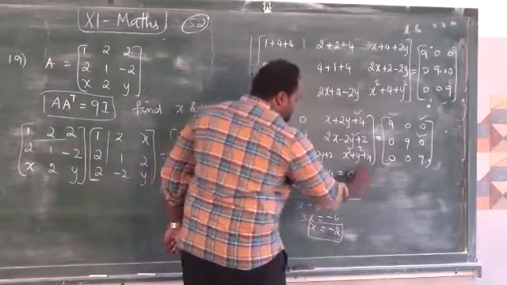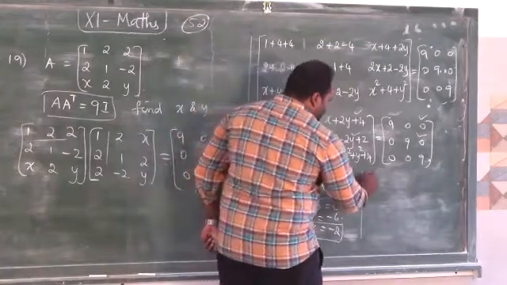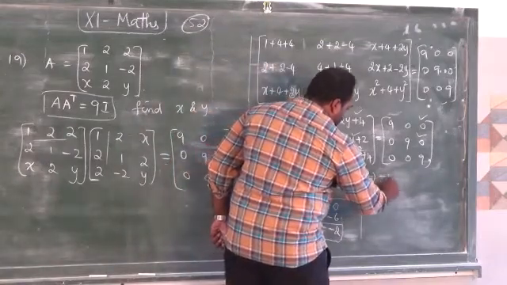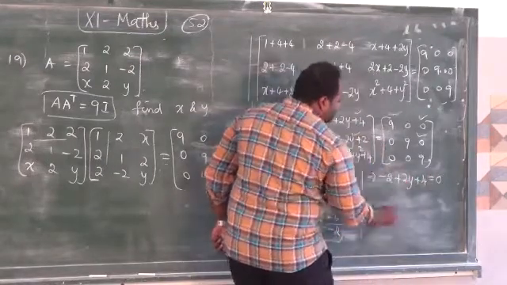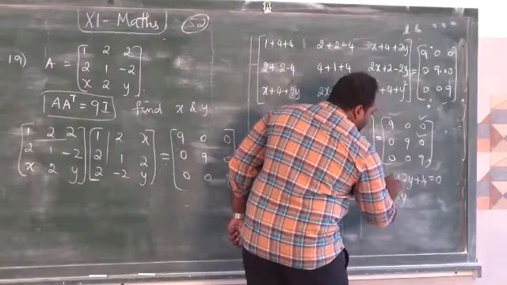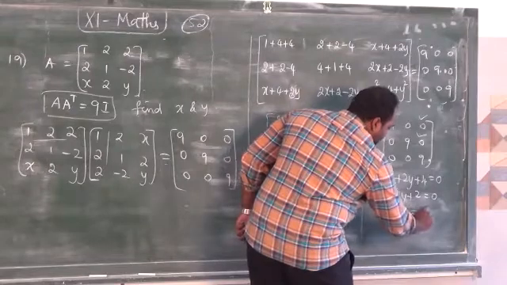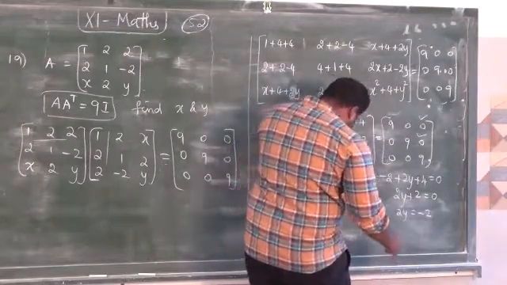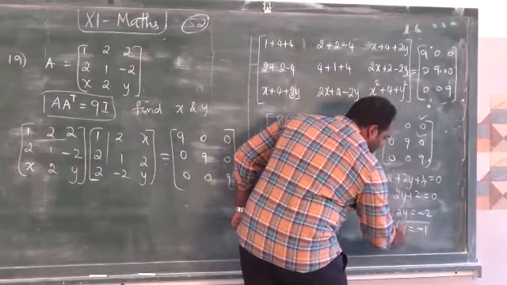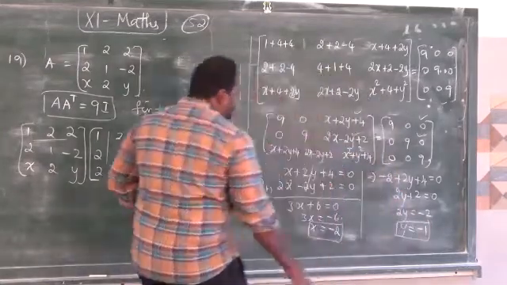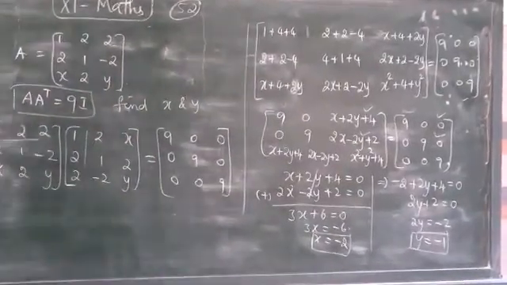Value of x equal to minus 2. Now how to find the y value? Apply here, x is minus 2, plus 2y plus 4 equal to 0. 2y minus 2 plus 4 equal to 0. 2y equal to minus 2. y is equal to minus 2 by 2, it is minus 1. So x value minus 2, y value minus 1. So question number 19 over.